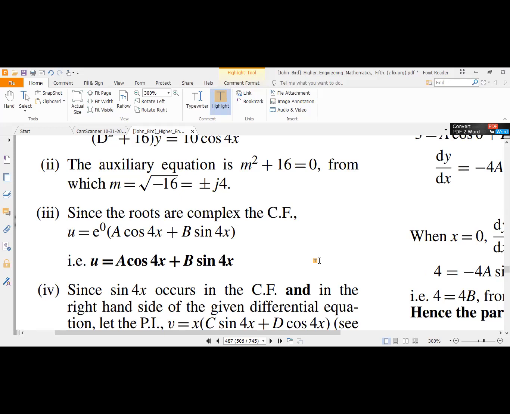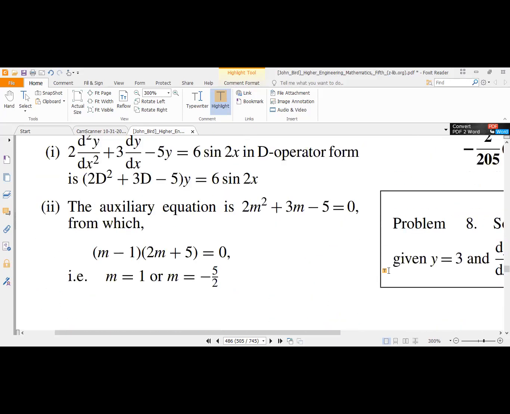Do you notice that what you're telling me to assume is already the solution? Are we together? What you are telling me to assume is already the complementary solution. Do you look at that?